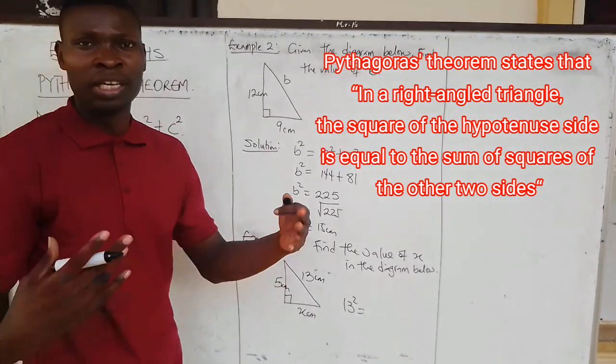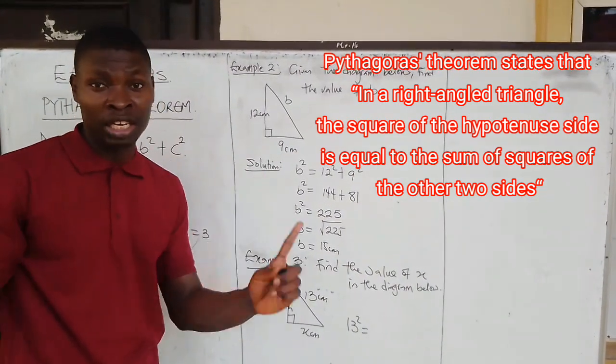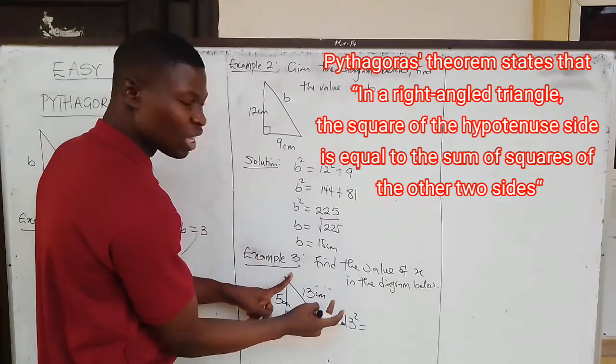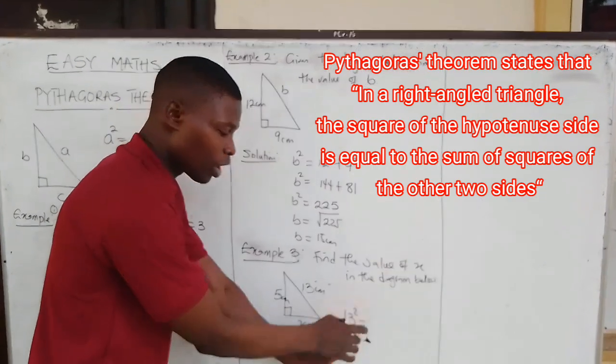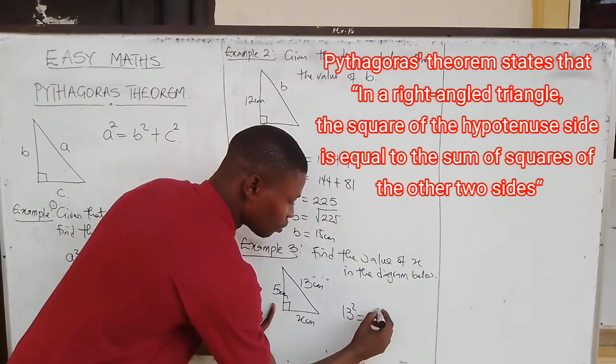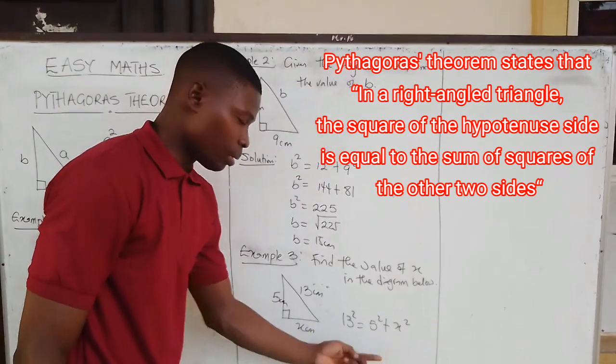Pythagoras Theorem says that the square of the hypotenuse is equal to the square of the other two sides. So 13 squared will be equal to 5 squared plus x squared.